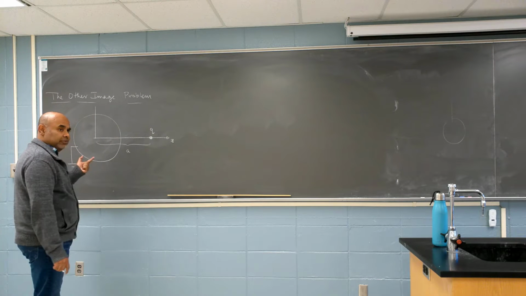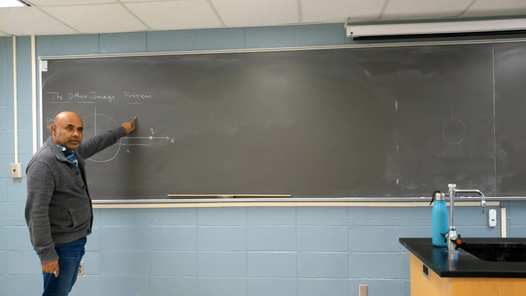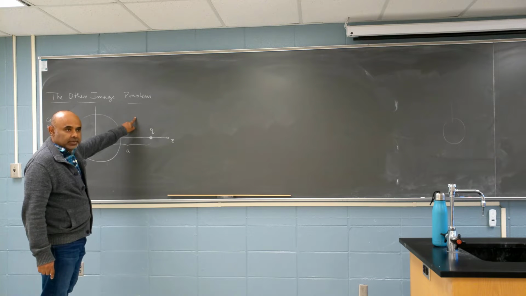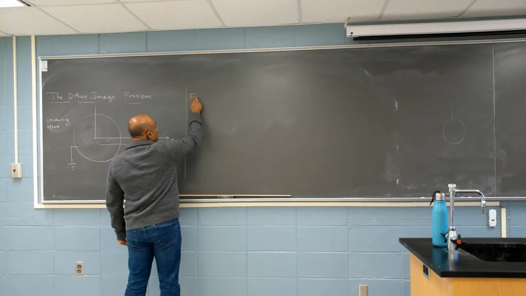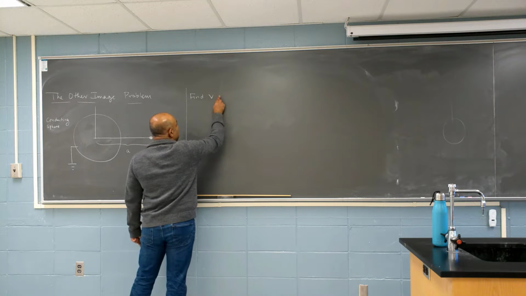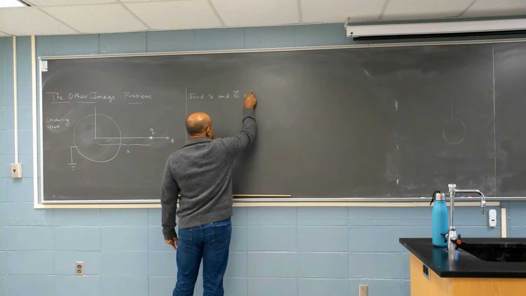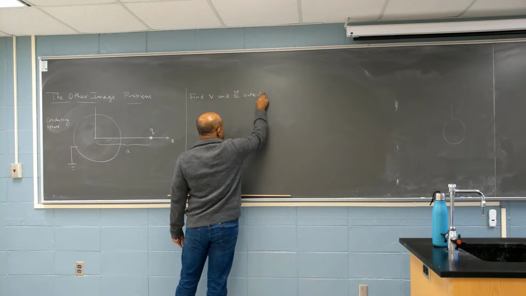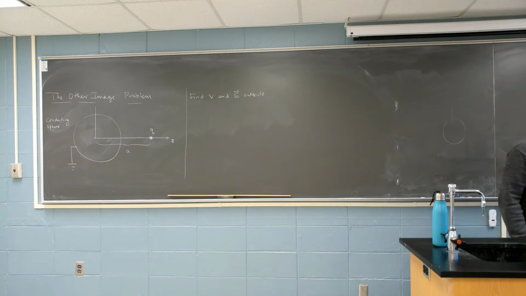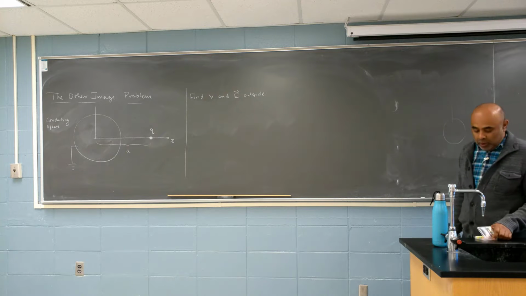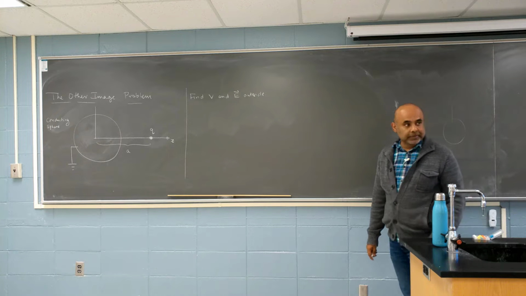Okay, so then the question would be find the potential everywhere, but we're only concerned with the outside at the moment. Find V and E outside for now. We'll do it inside as well. All we have to do, because of the uniqueness theorem, is what?